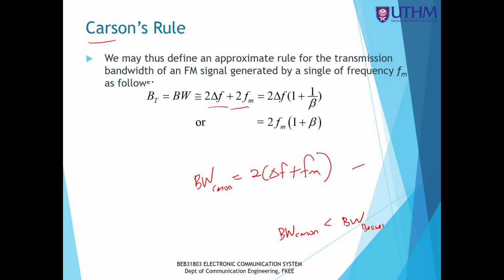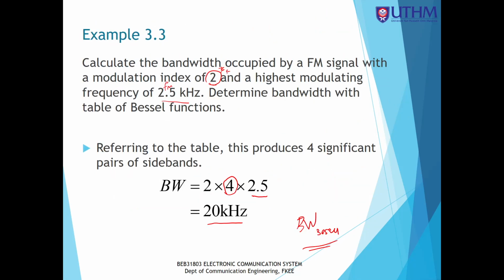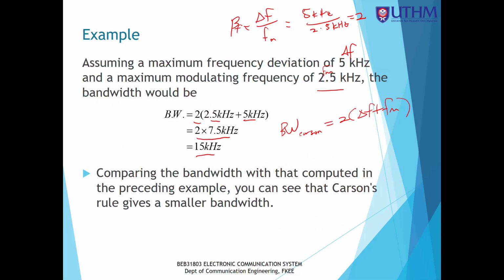For beta equal to 2, we get bandwidth equal to 20 kilohertz, but for the same beta, when we use Carson's rule, it becomes 15 kilohertz. So the bandwidth by Carson is less.